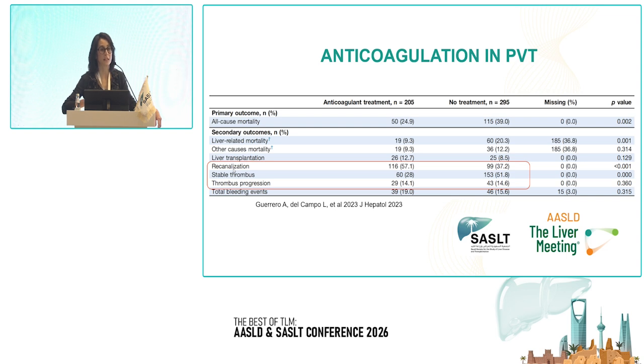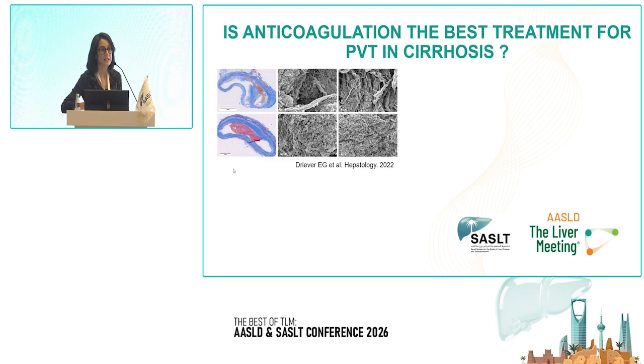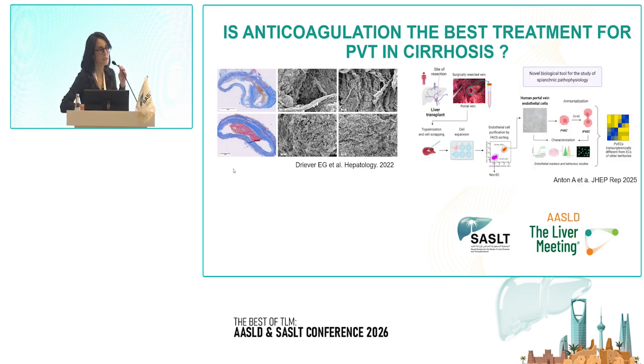So this gives the idea that what happens there is a different thrombus, and this has been recently addressed, and we have a little bit of information that the composition of this thrombus in the portal vein is different from the thrombus that happens in other vein territories. This has been an extensive line of research in my lab, where recently we were able to isolate the endothelial cells from the extrahepatic portal vein and characterize them by transcriptomics.